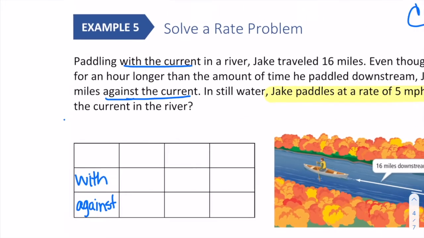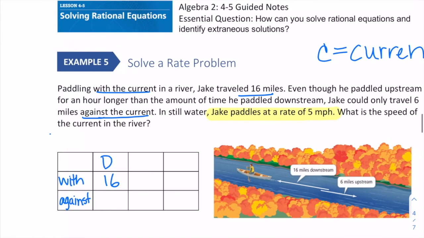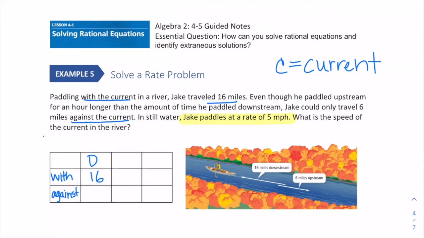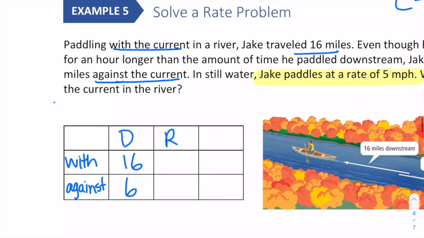All right, so let's look at the distance. So I'll put D here. So with the current, Jake traveled 16 miles. Against the current, he only traveled 6 miles. Looking at the rate, we know that if he's paddling with the current, he's already going 5 miles per hour.